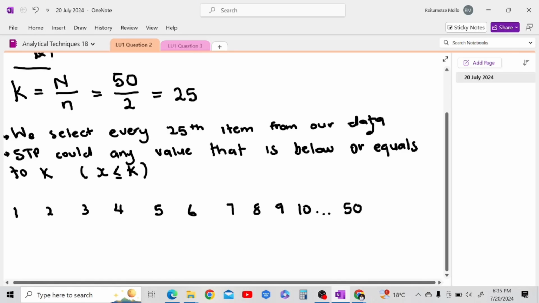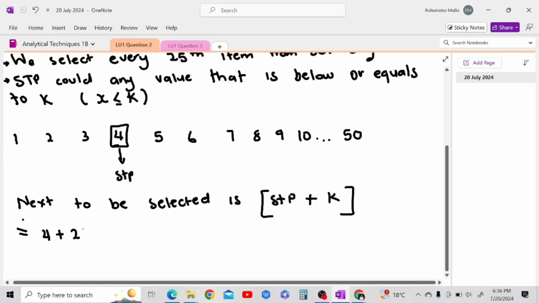So the next value to be selected is going to be 4 plus 25, which means that the next value is the 29th item, or we're going to select the 29th item. So do you guys understand what I just explained now?